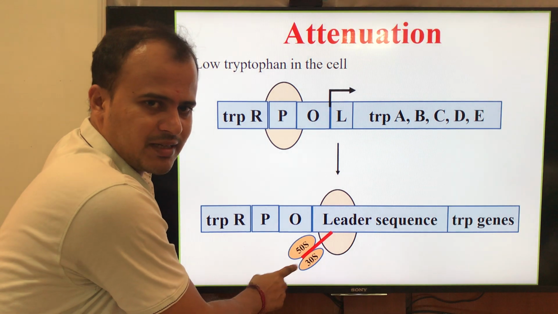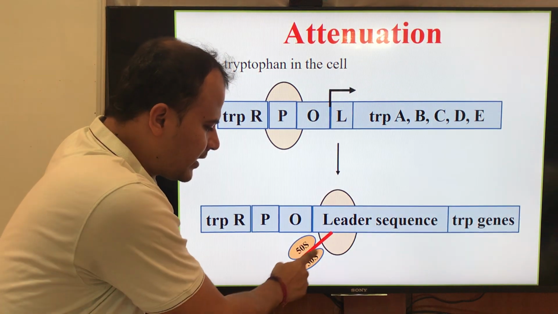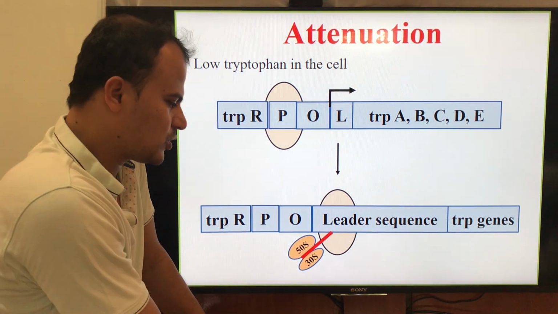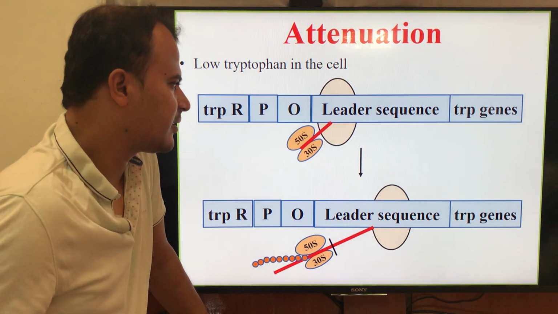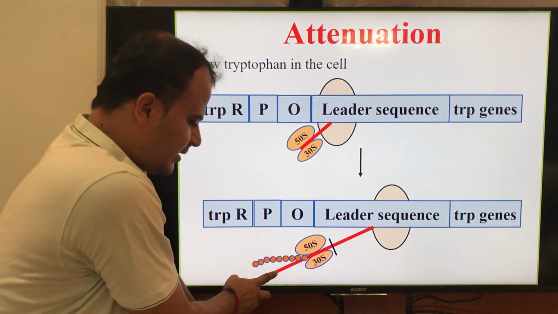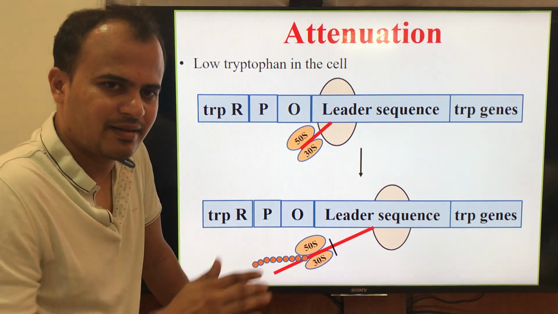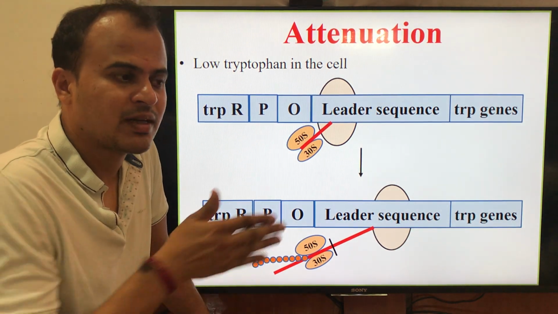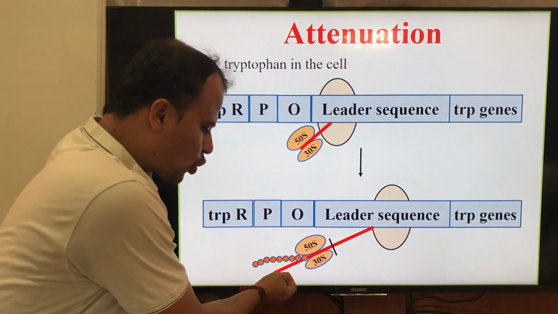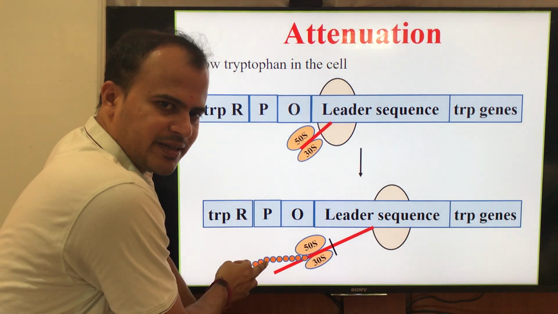Segment 1 is transcribed. Segment 1 is occupied by the ribosomes. Once the ribosome occupies it, it tries to translate the codons into amino acids.